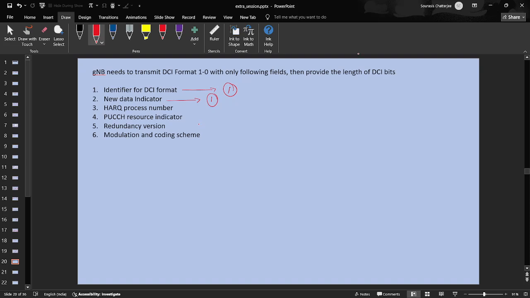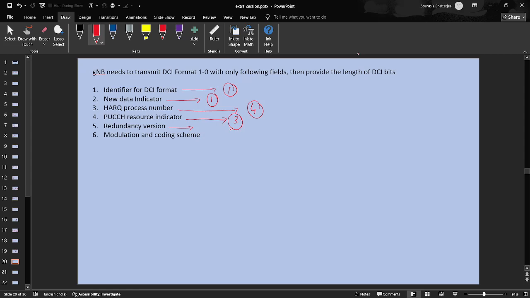HARQ process number. Turns out there are 16 such process IDs, so you need log base 2 of 16, that is 4 bits. PUCCH resource indicator, there are 8 such possible combinations, so you need 3 bits.